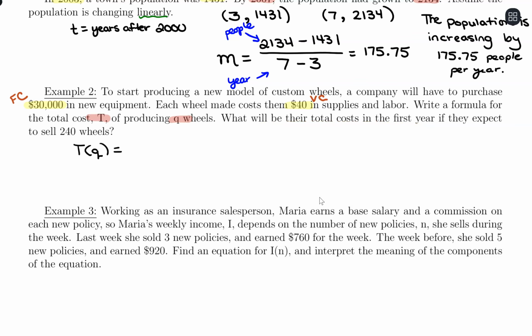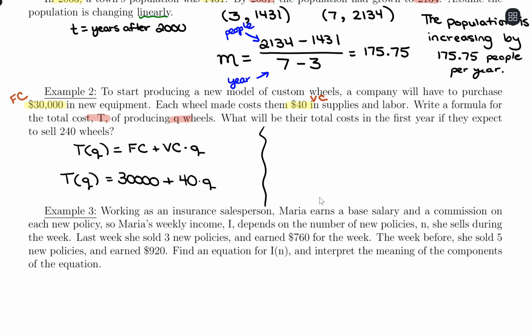Okay, so this total cost function, again, we're taking fixed cost plus variable cost times our quantity. So for us, our fixed cost is $30,000 plus our variable cost of $40 times Q. So there's our function that we're working with.